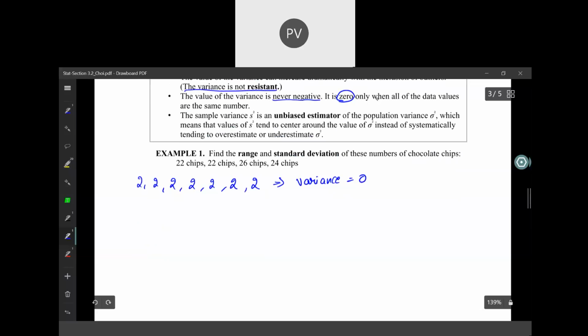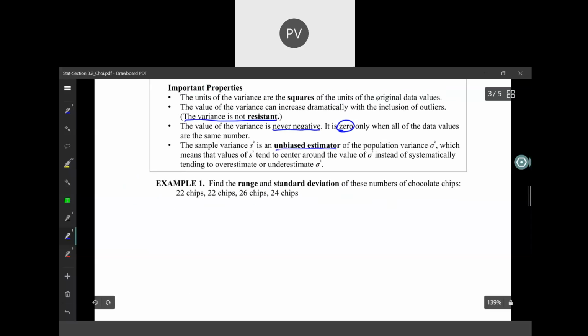And the standard deviation will also be 0 if you have the same values in the data set. And as I said, the variance is an unbiased estimator, which means the values tend to center around the value of a population.